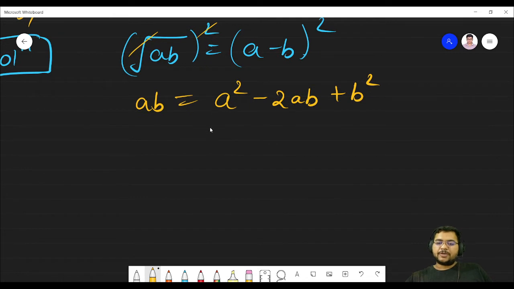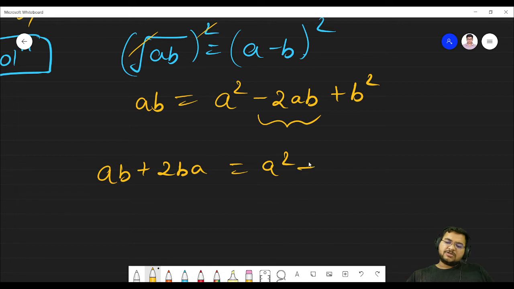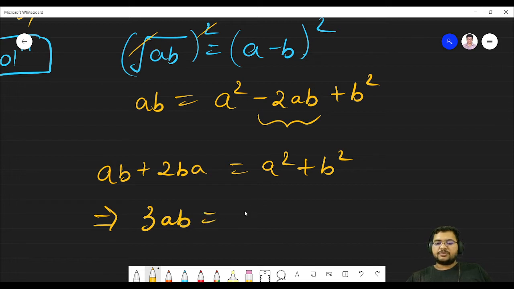So simply, I will bring this minus 2ab to the left hand side and it will become ab plus 2ab, or 2ba is the same thing, equals a square plus b square. So here we will get 3ab equals a square plus b square.